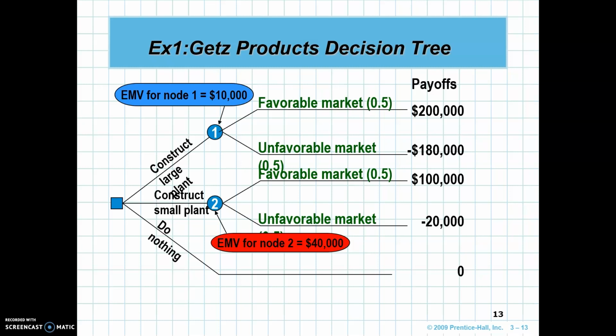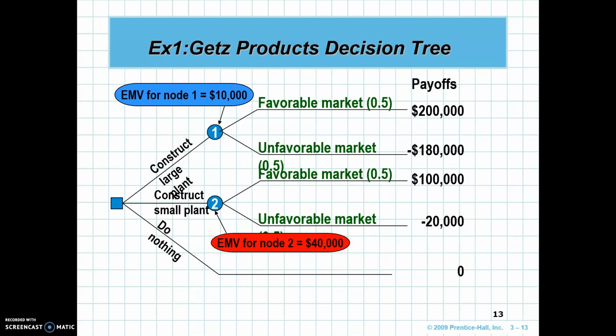So in our case, EMV for node two is coming out to be 40,000. So we'll be constructing a small plant. Obviously, we have calculated EMV. We have discussed the formula for calculating the EMV, right? So what we do is we do it using a decision tree, so that it can be made more useful to the managers, right?